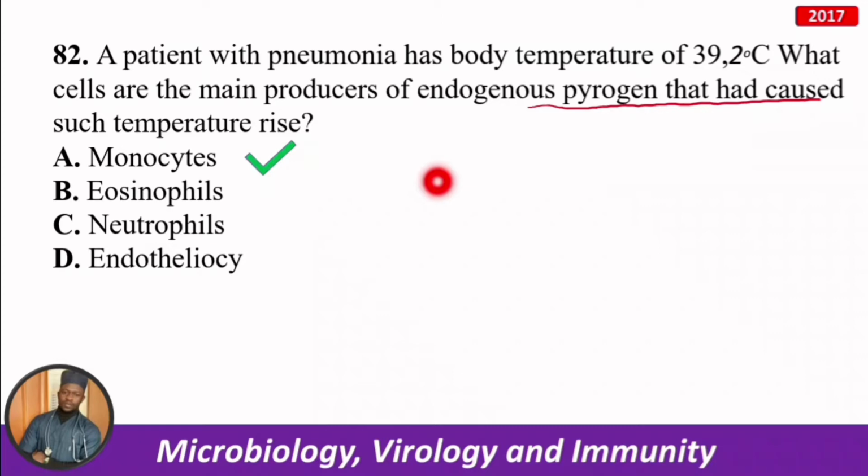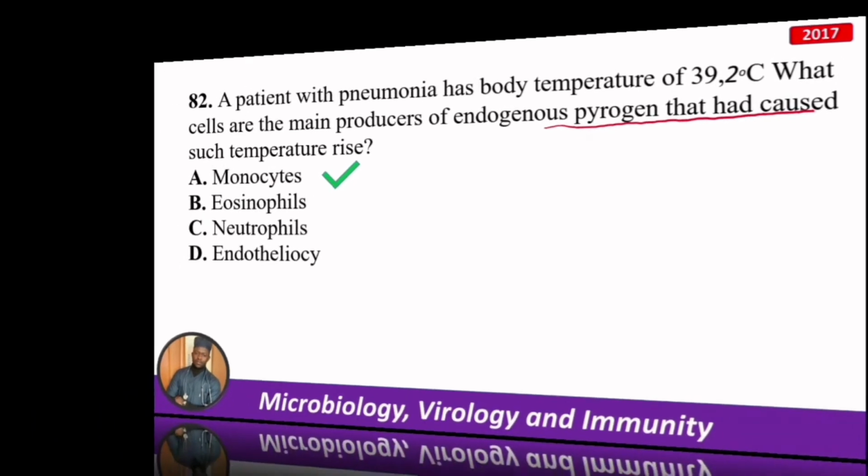This tumor necrosis factor alpha will go to the bone marrow and stimulate the synthesis of white blood cells, that's leukocytosis. So don't be confused. Monocytes are precursors of macrophages, so you can just change monocytes to macrophages. So it will be the correct answer. Okay.